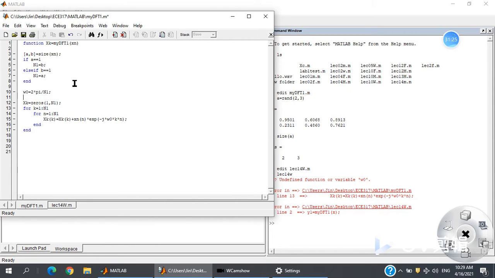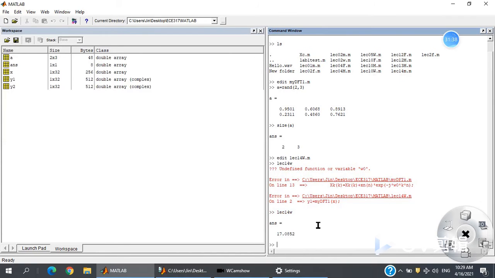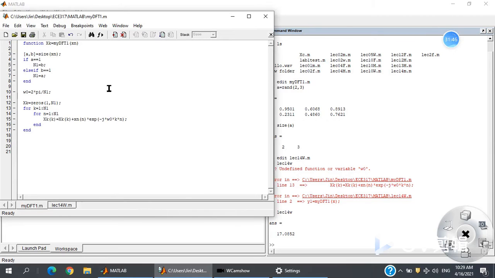This is W0. So e to the j times 2 pi over n, the k and n. Okay, this one. Run it again. Oh, it's somehow large. I guess something is wrong. Let me see. It should be a small value.